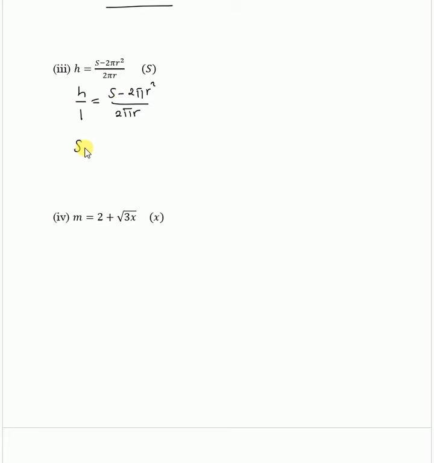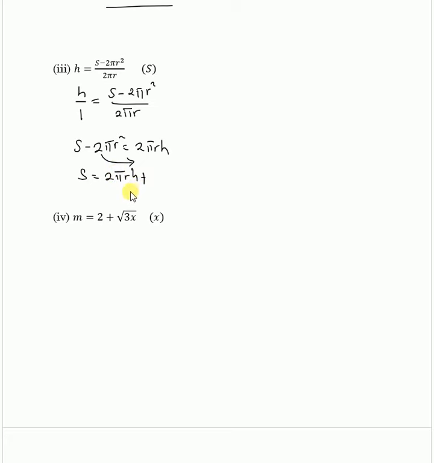You get s minus 2 pi r squared equal to 2 pi r times h. I have 2 pi r h. That is not a power, it is just h there. Then I shall take this one to that side, and I have that s is equal to 2 pi r h.